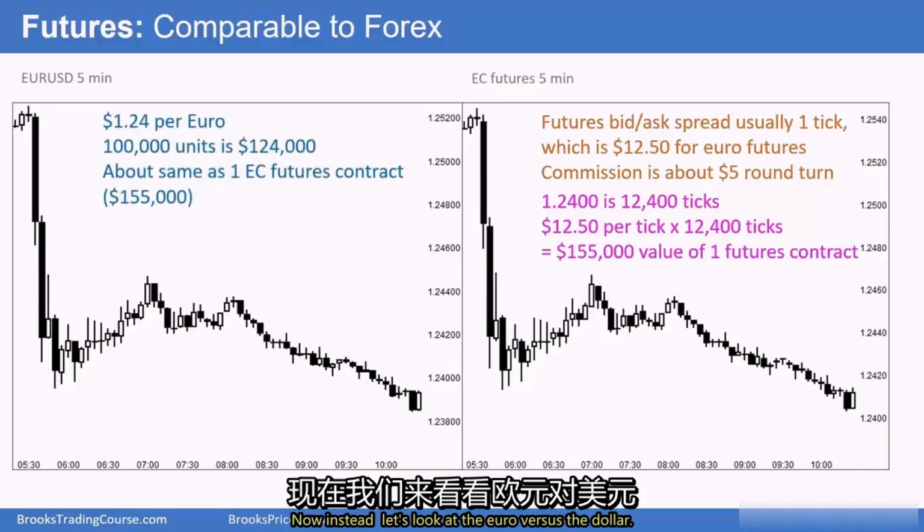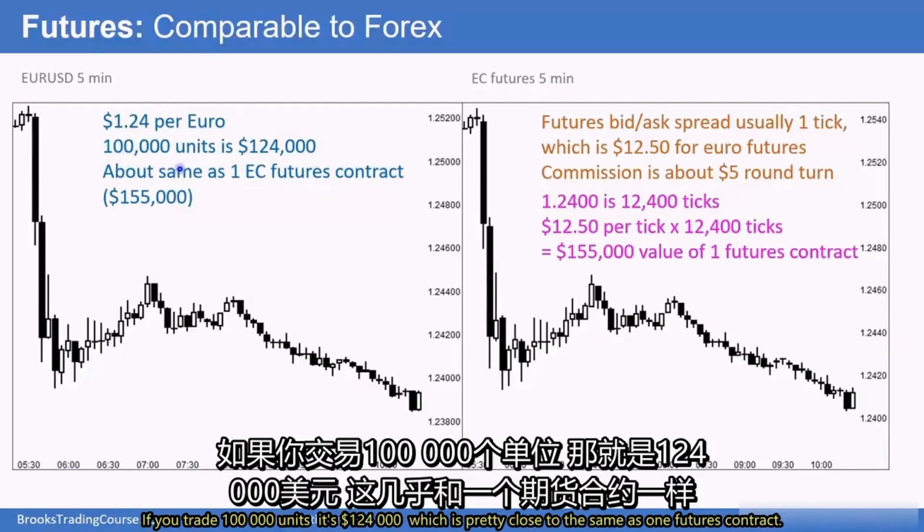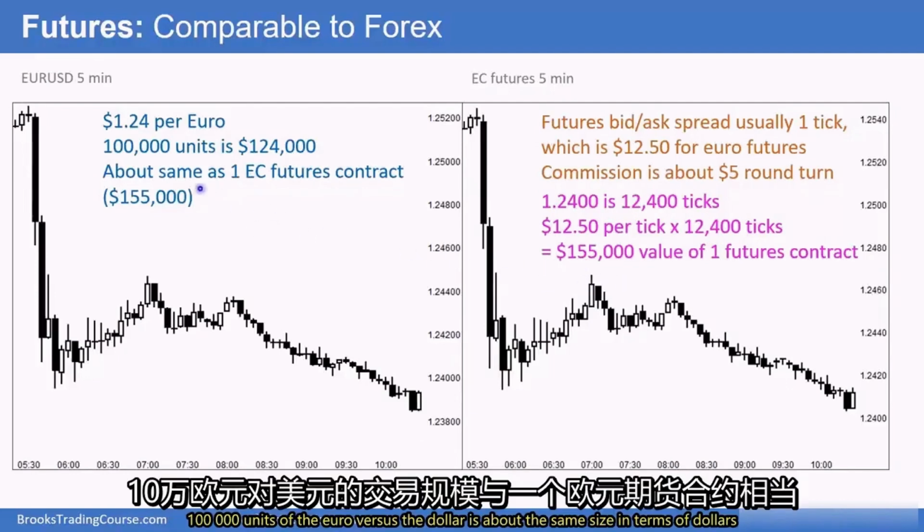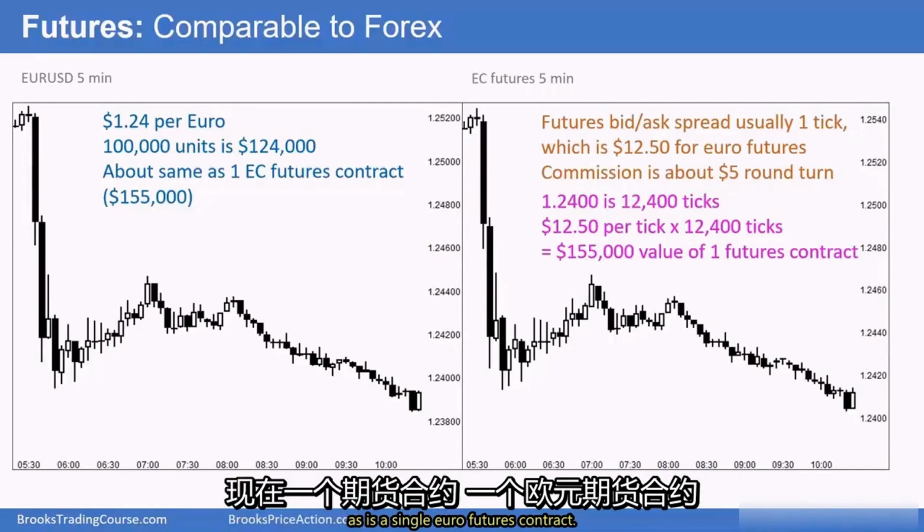Now instead, let's look at the Euro versus the dollar. If you trade 100,000 units, it's $124,000, which is pretty close to the same as one futures contract. 100,000 units of the Euro versus the dollar is about the same size in terms of dollars as a single Euro futures contract.